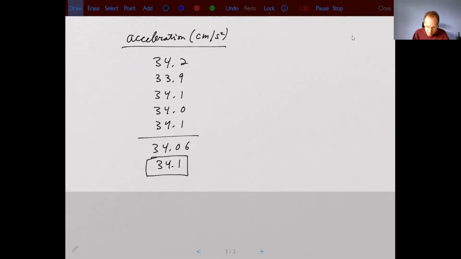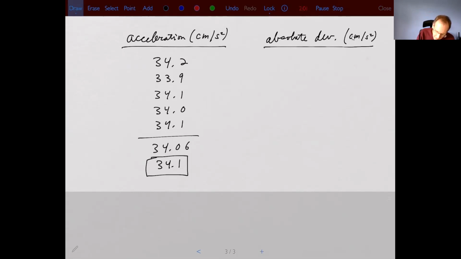Then the next step, remember, is to create a second column of the absolute deviations. These are also going to be in centimeters per second squared. So that's why I gave you that second row in the table there. You can put all these absolute deviations in. And remember what those are. Those are how far each data value is from the mean.